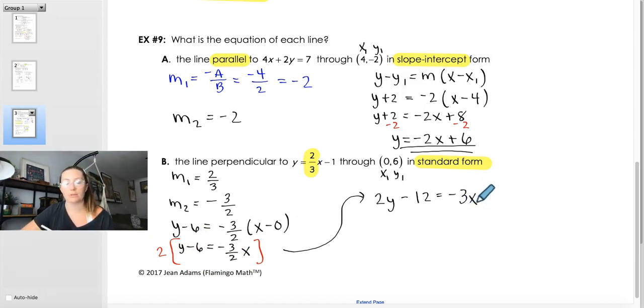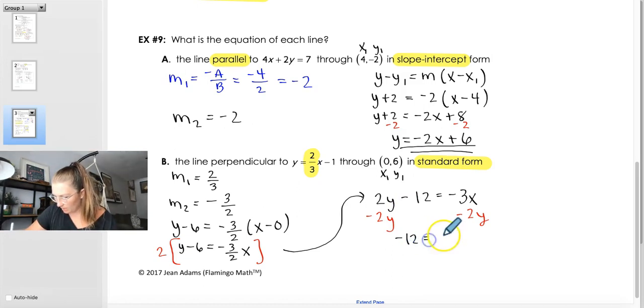Again, your option, let's subtract the 2y over. You can do it any way you want. So minus the 2y, minus the 2y. So we're going to get -12 equals -3x minus 2y. Okay, final step, ax plus by.